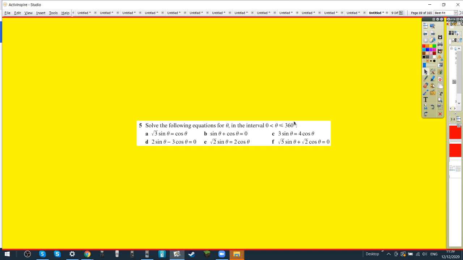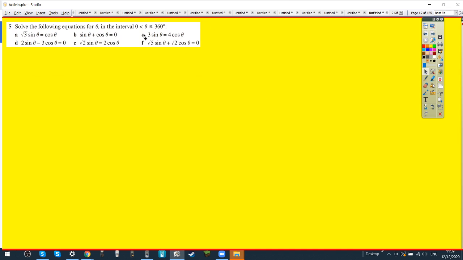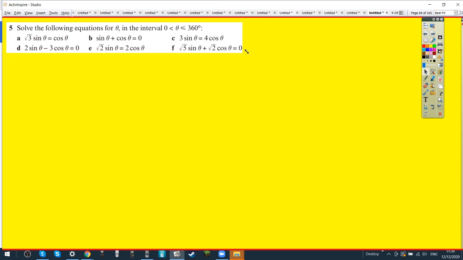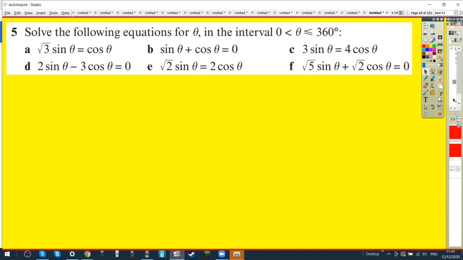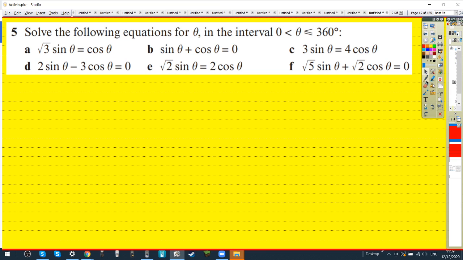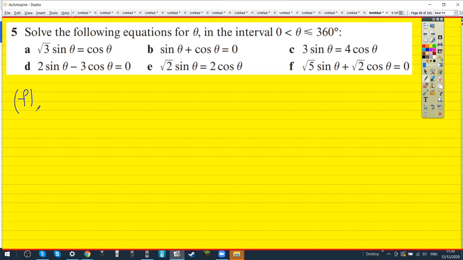Let's try the very last one. So would you need to divide by anything for this?